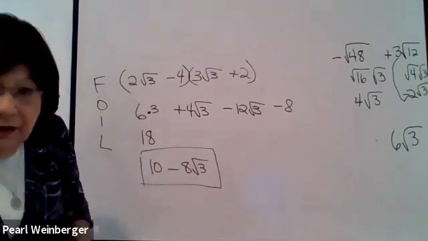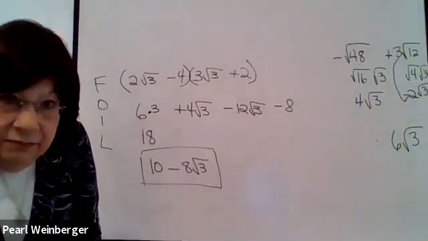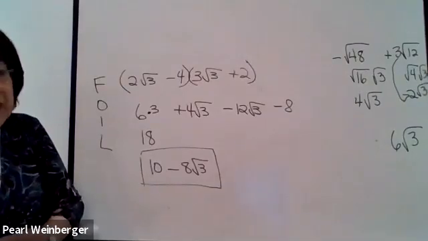Yeah. Professor, I have a question. Once you did it, I plugged it into my calculator to see what I would get. It gave me the same answer that you have, but mine says -8 radical 3 plus 10. So does it matter how you write it? No, it does not.